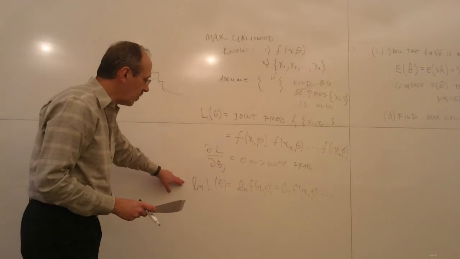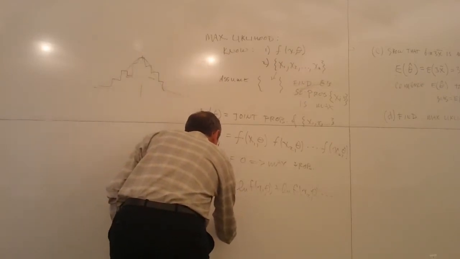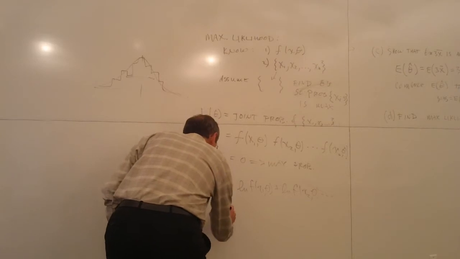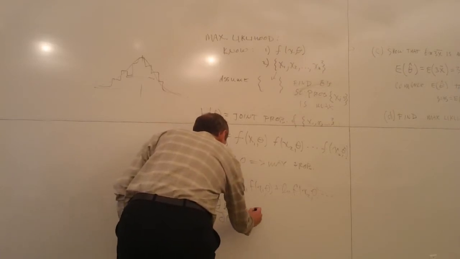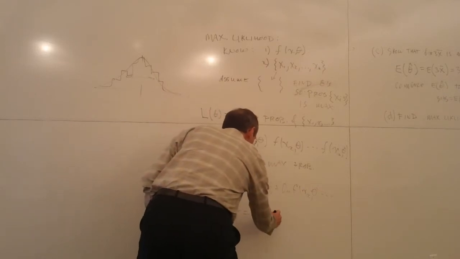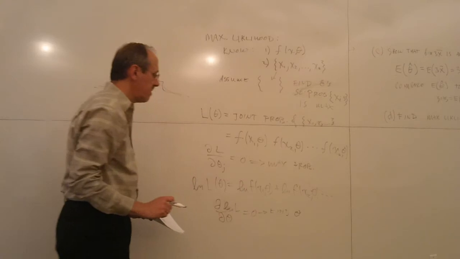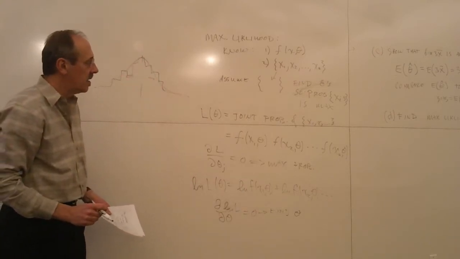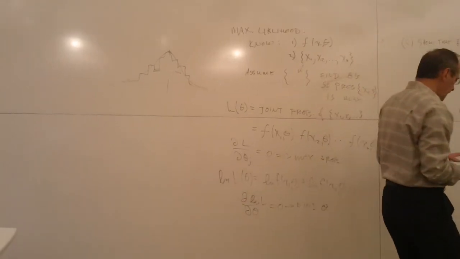And then I take the derivative of this, partial derivative of the natural log of L, set that equal to 0, and now I can find my thetas. Okay, so let's go and do that for our particular function here.